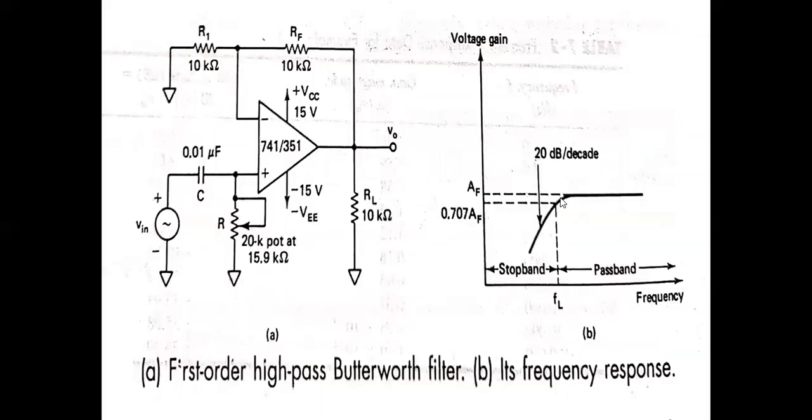Suppose the gain of the filter is 0.707 times KF, then that frequency is called the cutoff frequency or lower cutoff frequency of the first order high pass filter.